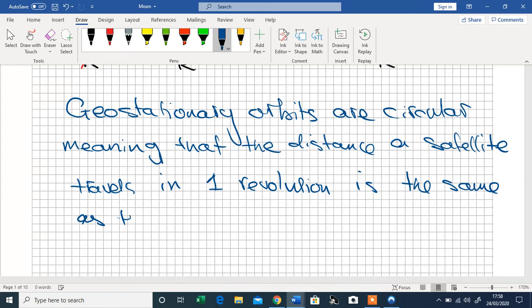Just let me make that look a little bit neater, then you can read it. It's the same as that orbit's circumference.